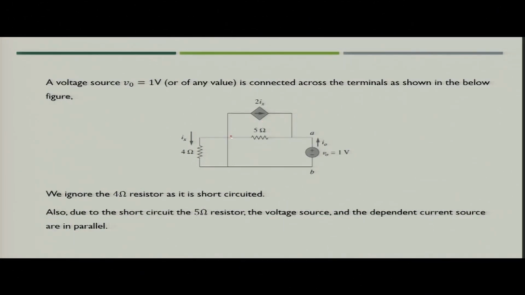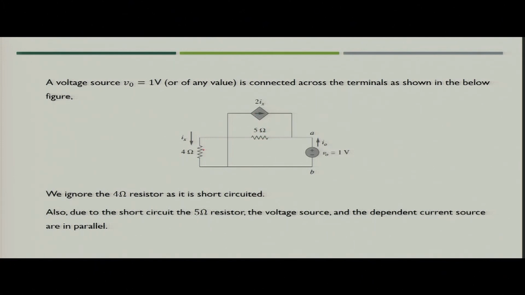Now, the voltage source is short circuited, you leave the dependent current source as it is in the network, and then you have the 5 ohm resistance in parallel with the dependent current source.